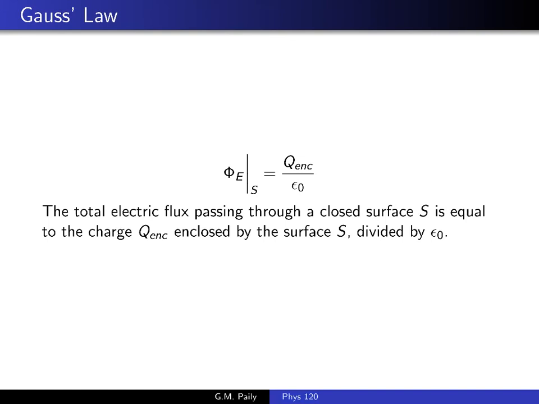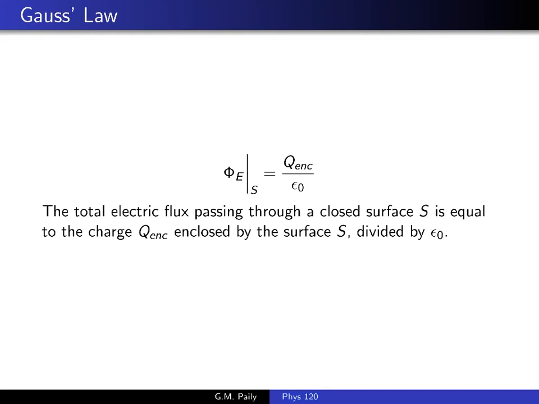Let me make one more point. Electric flux can be defined for any surface, whether open or closed. You simply need to define the area vector of the surface and see if the field lines point in roughly the same direction, the opposite direction, or are perpendicular to the area vector. But you can only use Gauss's law with a closed surface.